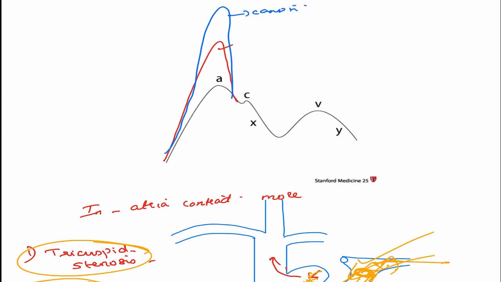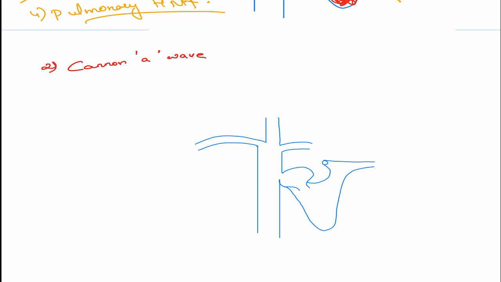And why does the cannon wave occur? Now the reason for the cannon wave is that the atrium has to pump against a closed tricuspid valve. So this is completely closed. Earlier we saw there was stenosis, where it has to contract more, but the valve was not completely closed. Still the AV valve was open.